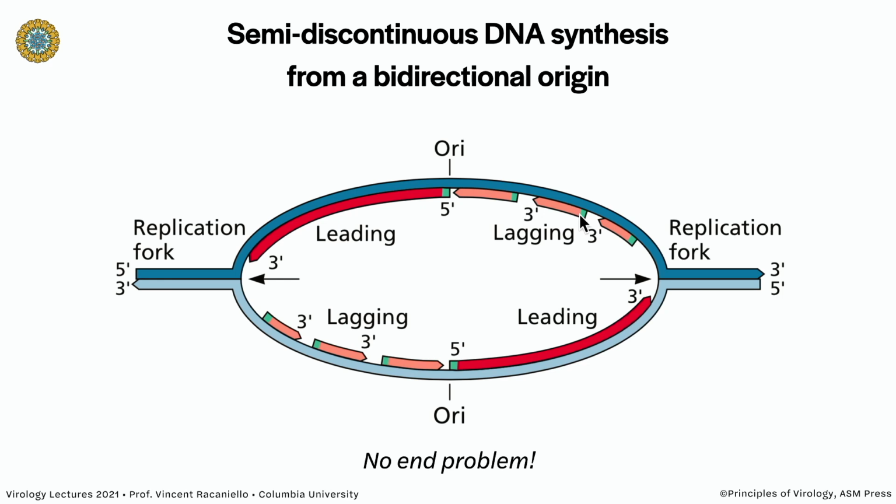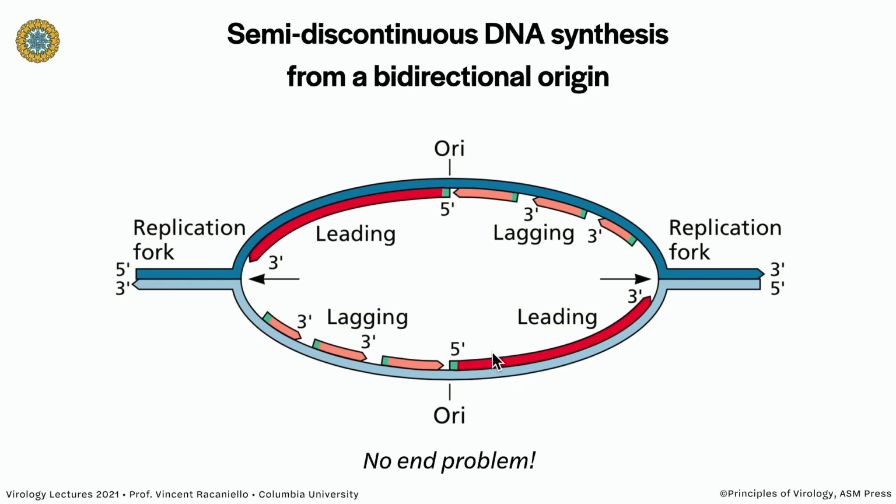You have to put down another primer and fill it in, right? And then when the fork gets bigger, you have to put down another. So this is discontinuous replication. And so you have two of those, two discontinuous, and that's the lagging strand. The leading strand is continuous, so that's where we get semi-discontinuous. They could have called it semi-continuous, I guess, but okay, semi-discontinuous from the origin.